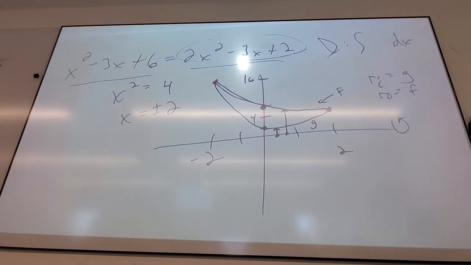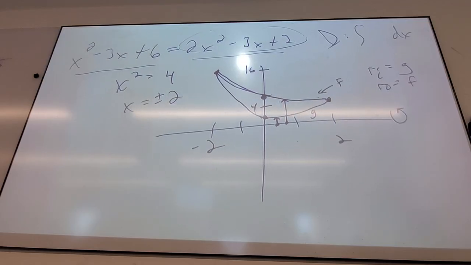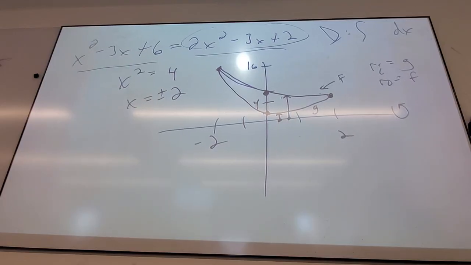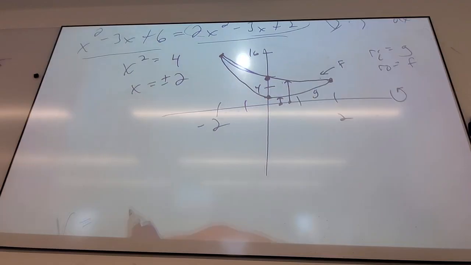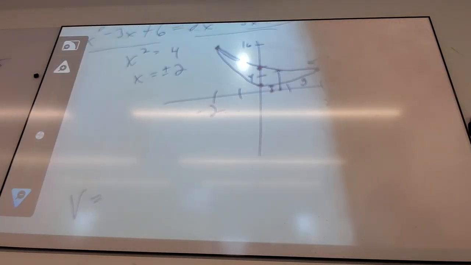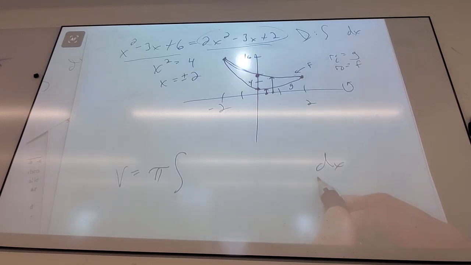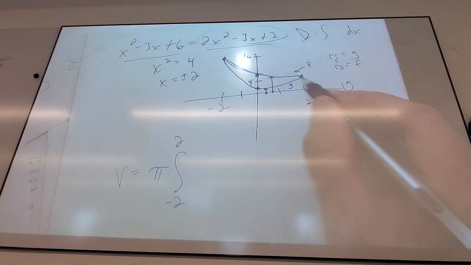I think I put this much on the answer key, but then I didn't do it. I'm not going to do it here either because let's set this up. What would the volume be? How do I set this up for disks? Pi, integral from what to what? -2 to 2, dx. I don't care about what x is doing. X is going from -2 to 2.